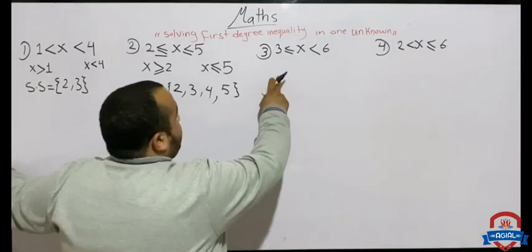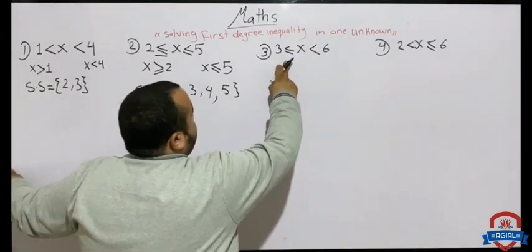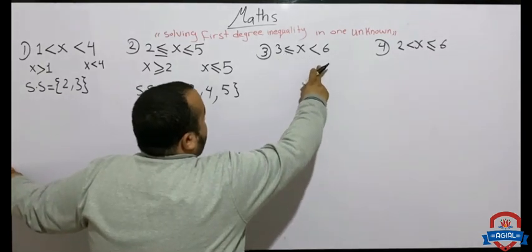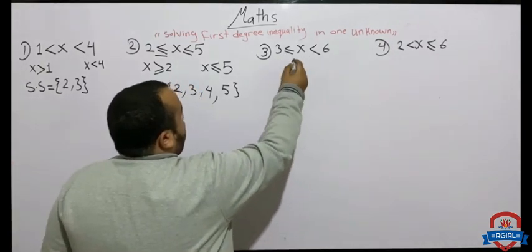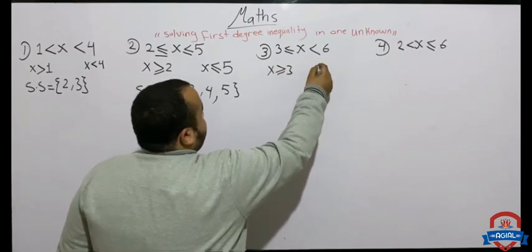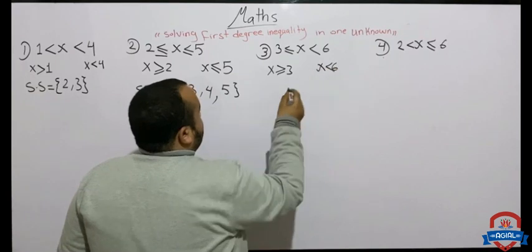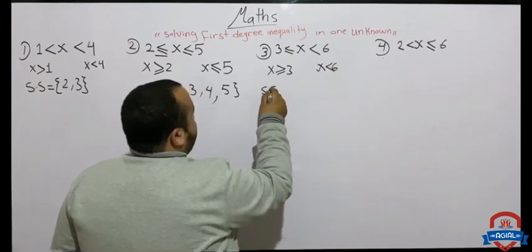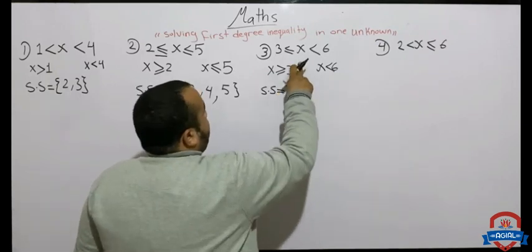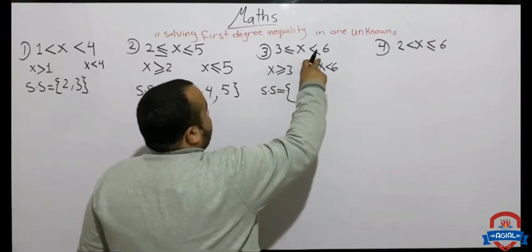The third form, x is greater than or equal to 3 and x less than 6. So the solution set of this inequality equals the set of the numbers between 3 and 6.